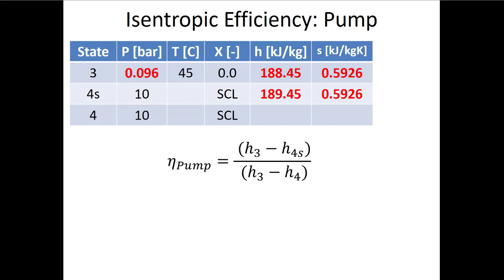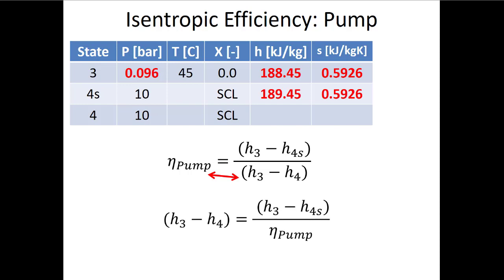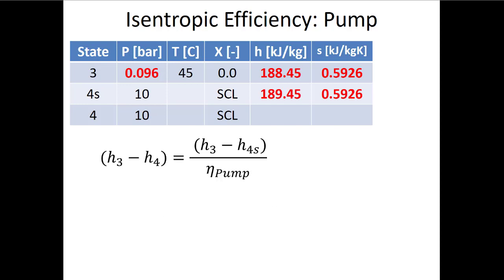And now I can break this down and get an expression for H4, which is the thing that I don't have here. We're just going through the math. So first we've flipped the equation here. Now we know H3, we know H4S, and we know the isentropic efficiency.